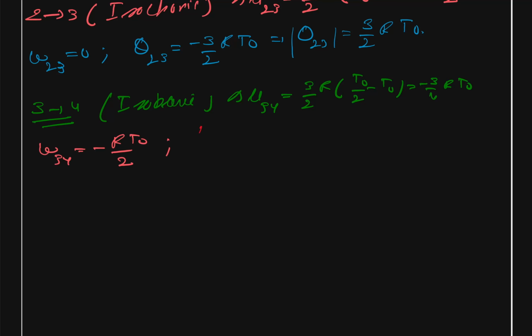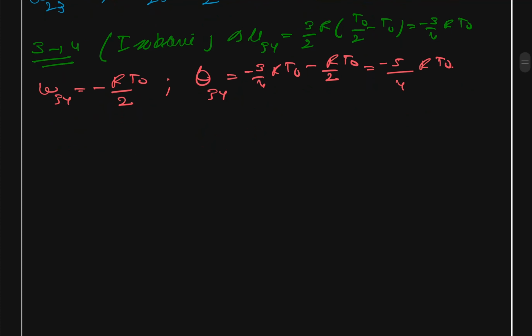Therefore, the heat for 3, 4 will be minus 3 by 4 R T naught minus R T naught by 2, and with LCM over 4, this will be minus 5 by 4 R T naught. Once again, considering the magnitude only, Q34 is equal to 5 by 4 R T naught.